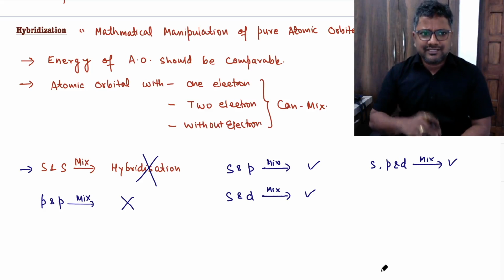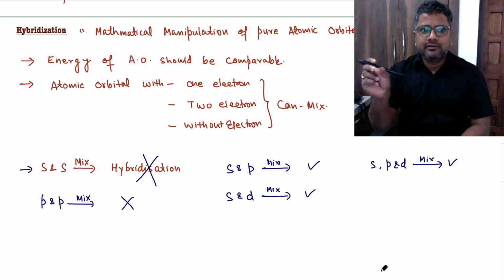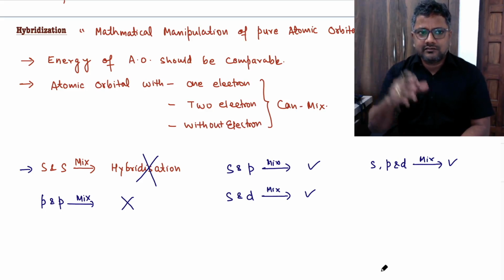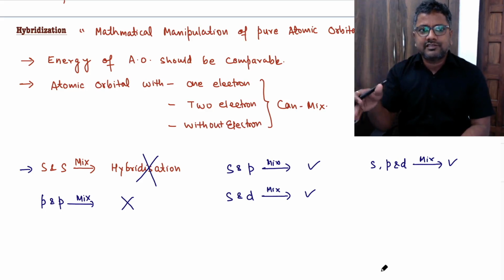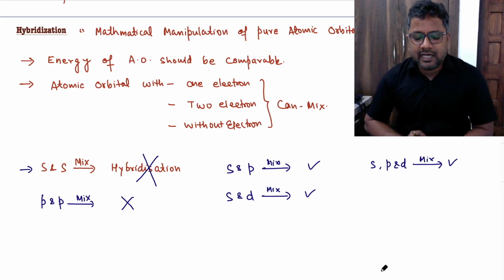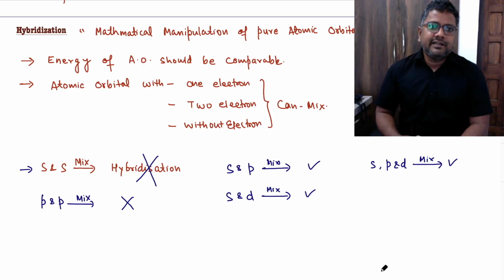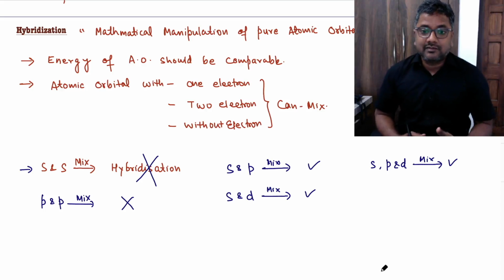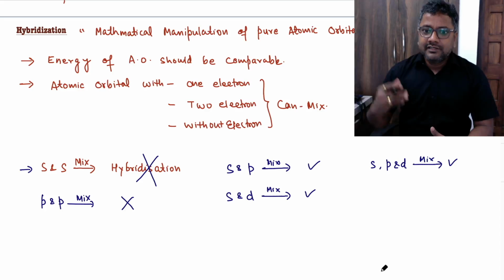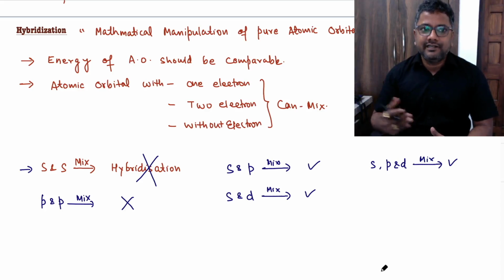It has some size also, the distance from the nucleus, up to the maximum distance you are taking, that is the surface boundary condition. Similarly, p has also some identity, like it has some energy, some orientation, some length. Similarly, every atomic orbital has some identity, right?